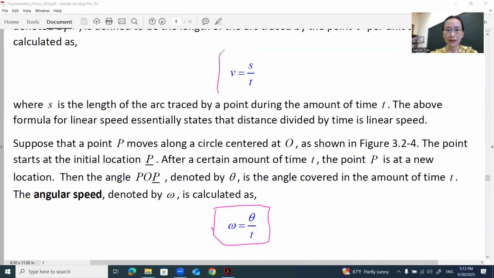If we compare the linear speed and angular speed, angular speed is defined by a different ratio. That is the amount of angle traced or covered by that line segment in this time. And if you do the ratio, that is the angle covered per unit time. So that's the angular speed.